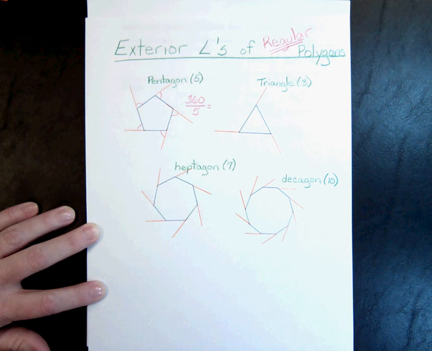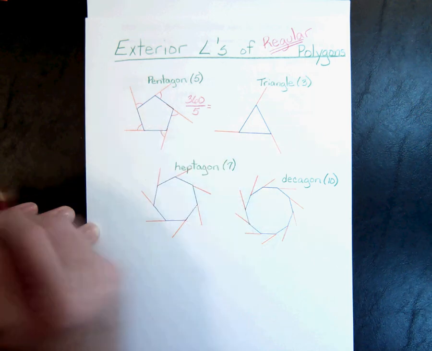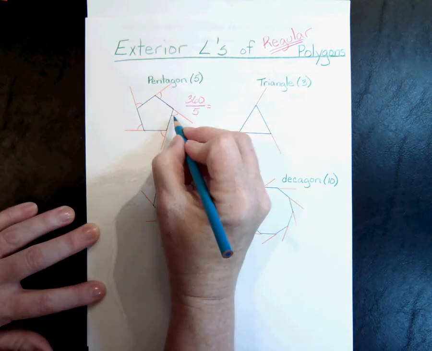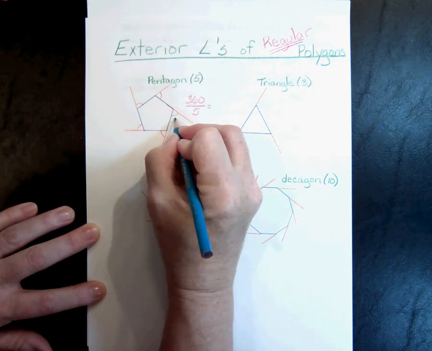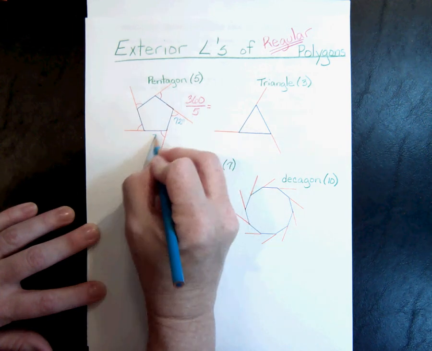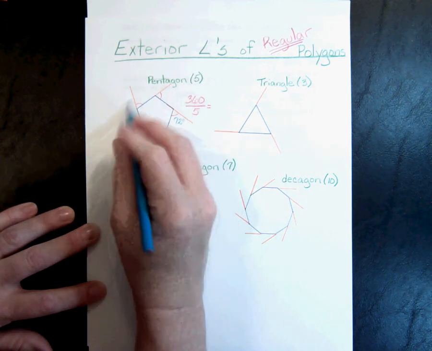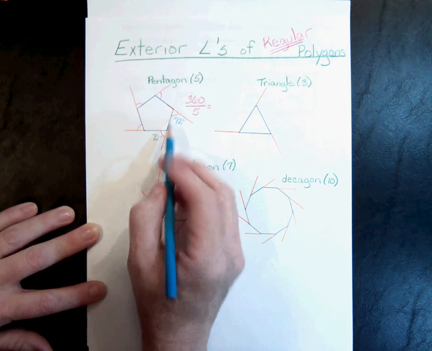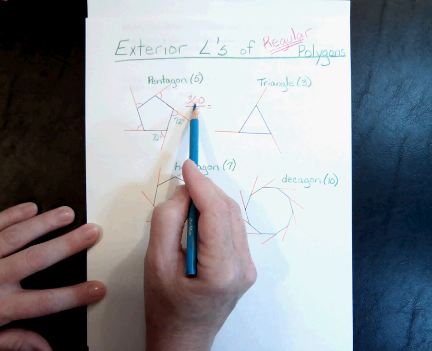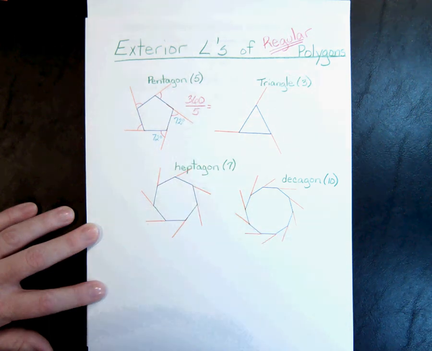So 360 divided by 5 is 72. This angle measurement right here is going to be 72 degrees. This angle here, 72 degrees. All the way around, these marked angles would all equal the exact same, and if added together they would equal 360.